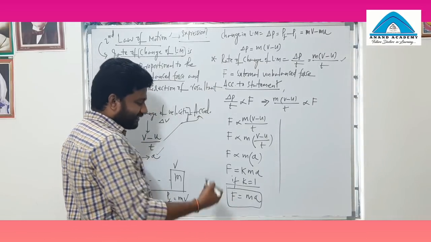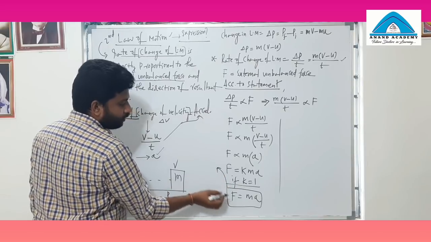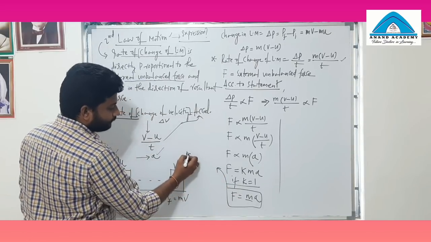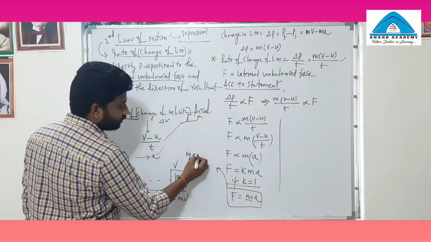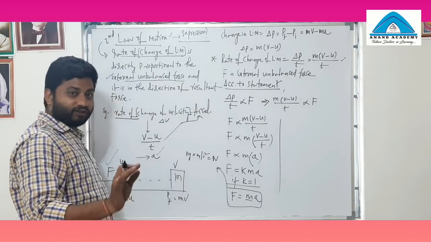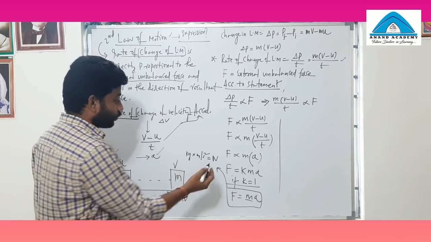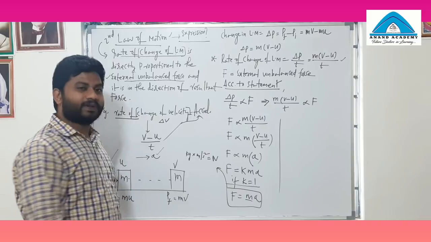Let's concentrate on the SI unit. F: mass in kilogram into acceleration in meter per second square is equal to 1 Newton. The SI unit of force is 1 Newton, which is 1 kg meter per second square.